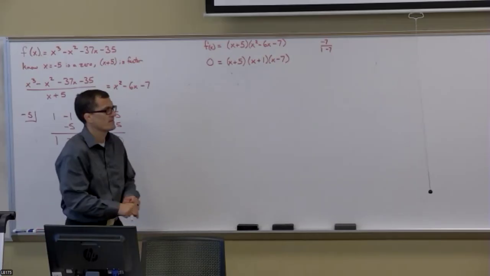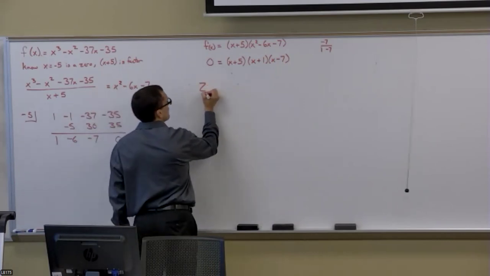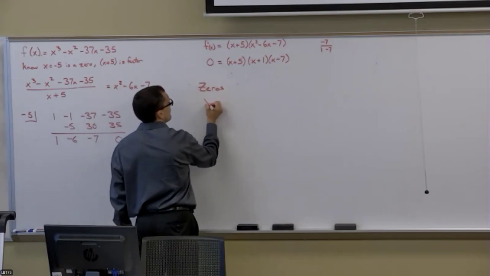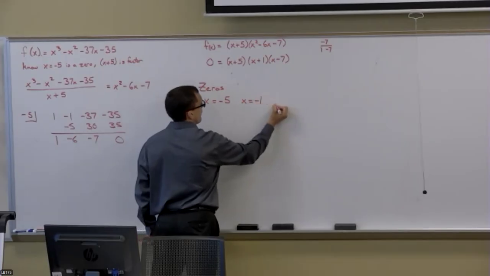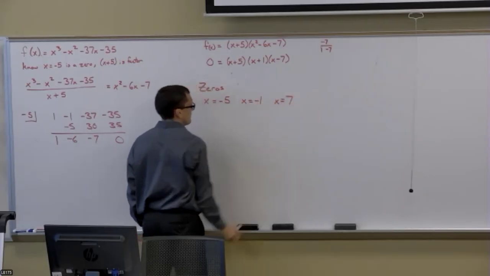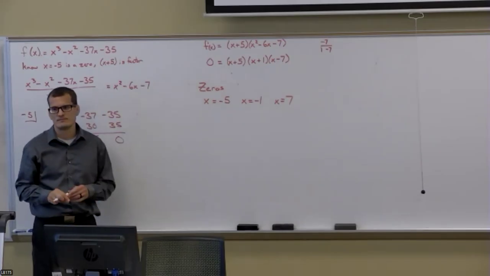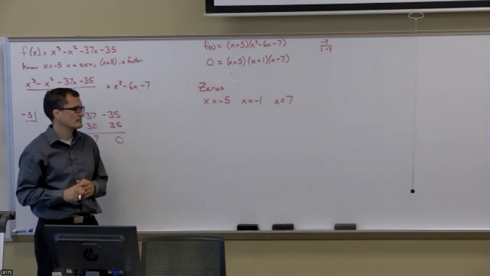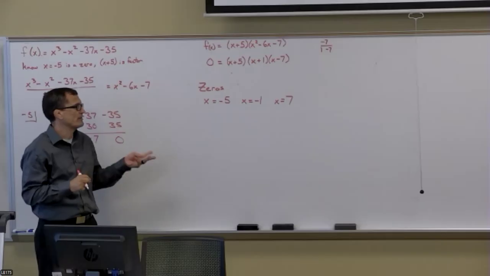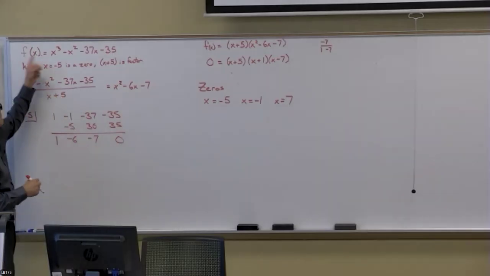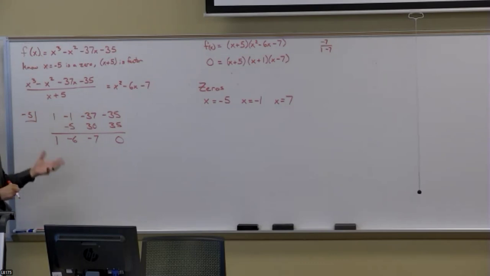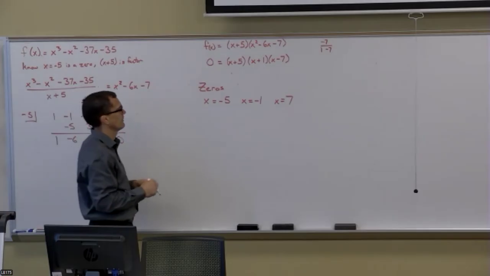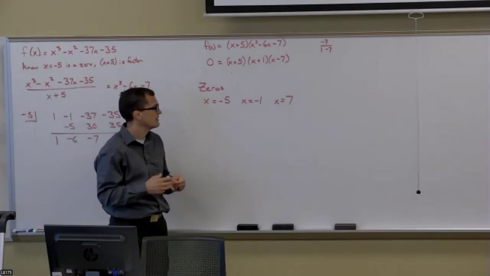All right. And so I get zeros in 3 spots when x is -5, when x is -1, and when x is a positive 7. And since I have 3 real zeros, I know this original function is going to cross the x-axis 3 different times. Okay. We're going to have 3 x-intercepts. 1 at -5, 1 at -1, 1 at 7.